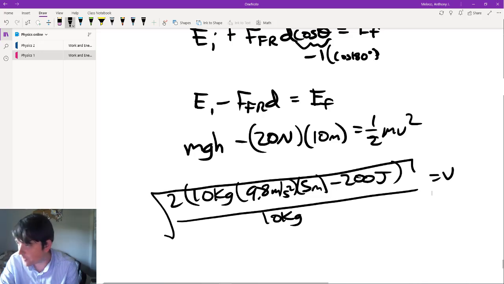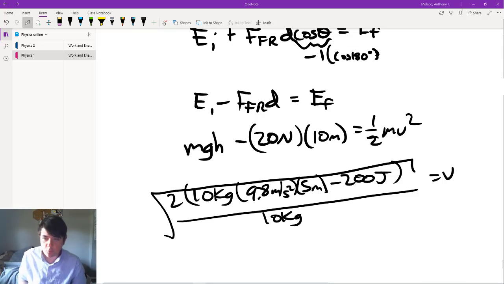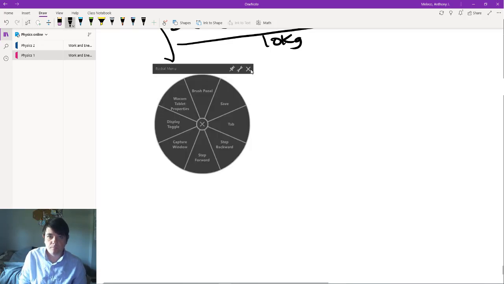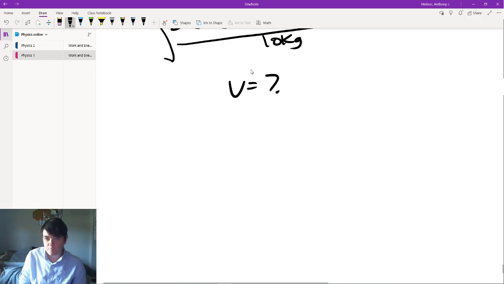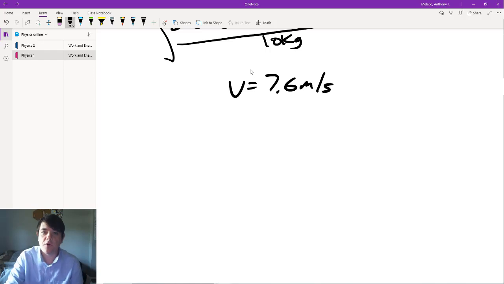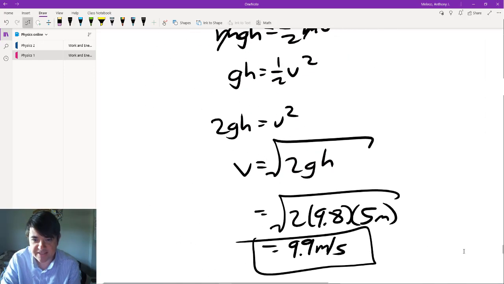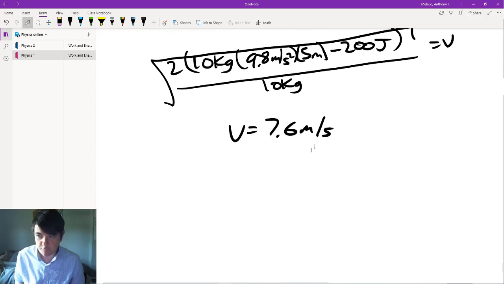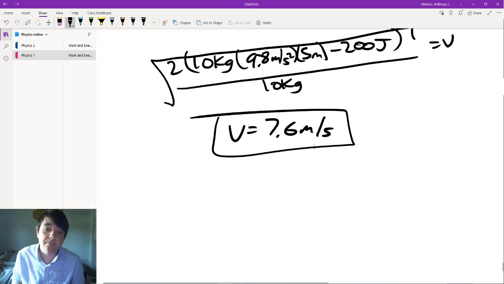And when you do the math on that, I got 7.6. So, notice that the velocity is slightly less than it was before, and that's because we added a frictional force. That's to be expected. Okay. We've got 2 more problems to go.